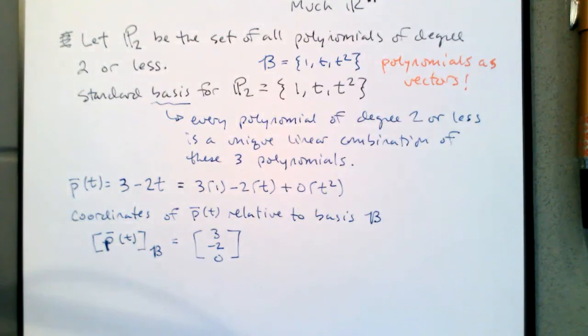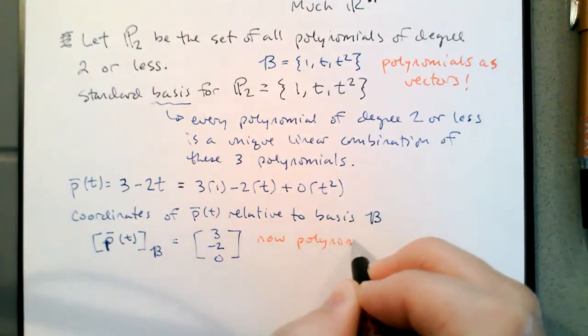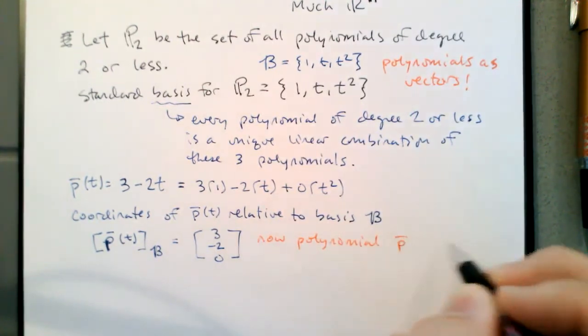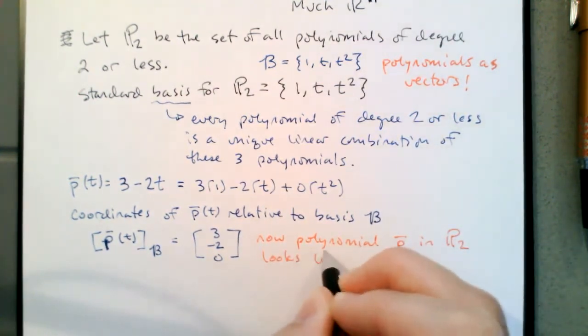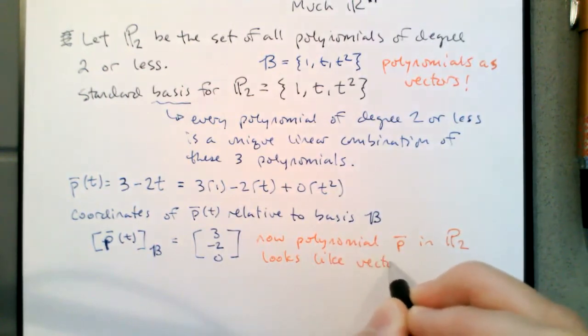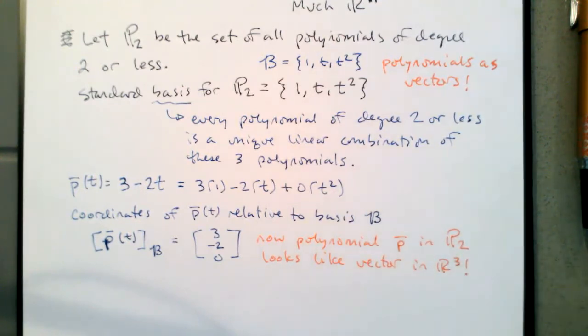So that would be the coordinates of p relative to basis B. Notice that this makes p of t, a polynomial, look like a vector in R3. So now polynomial p in P2 looks like a vector in R3.